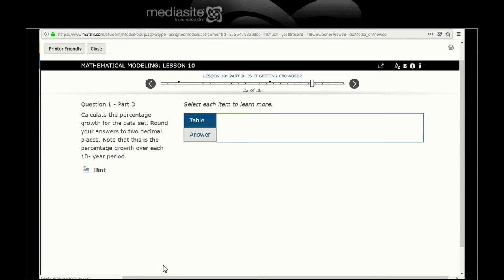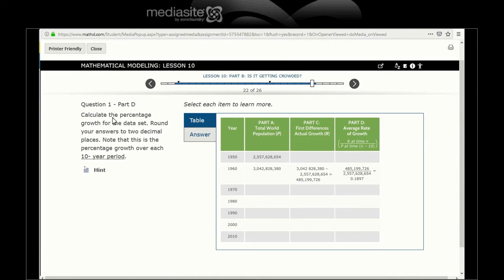Next one. Okay, now calculate the percentage growth for the data set. Round your answer to 2 decimal places. Note that this is the percentage growth over each 10-year period. Okay. So now this is going to be like what we did a lesson or two ago when we find percent error or percent change, when we had the estimated minus calculated over calculated.